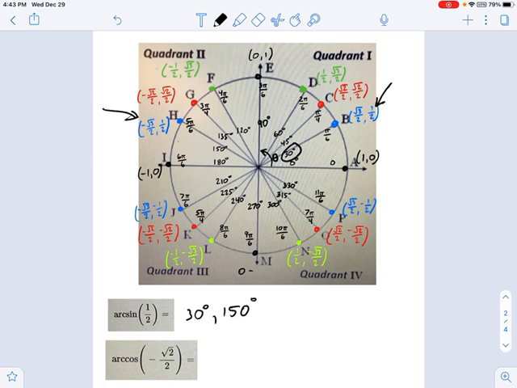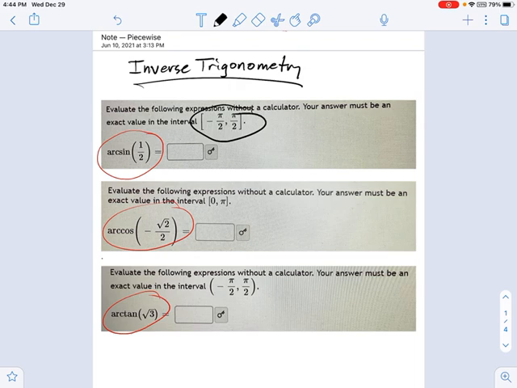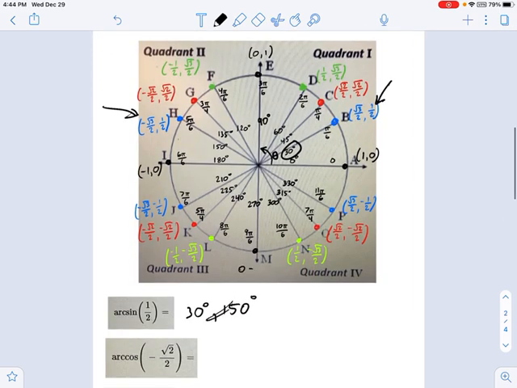It only wants you to answer in the particular quadrant of interest, which in this case is, in radians, negative pi over 2 to pi over 2. So first of all, 150 is in the wrong quadrant. And 30 degrees, you should say pi over 6 for this one. So go in that way for all the rest of these problems.